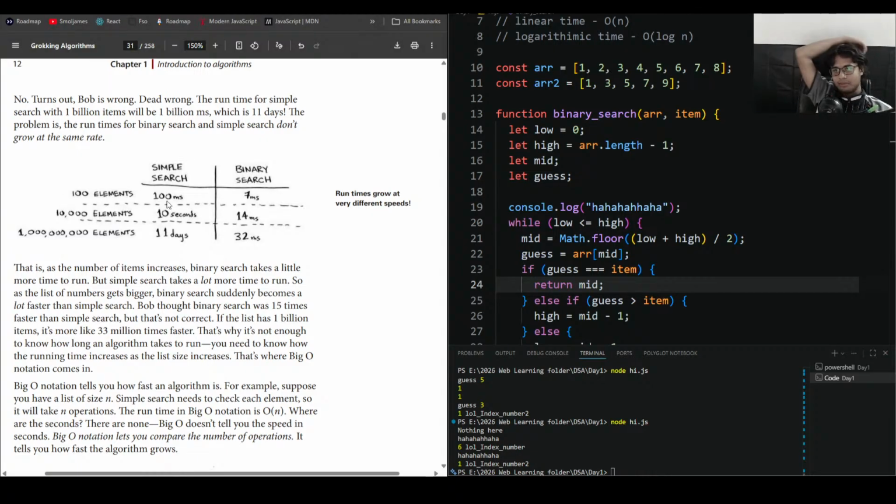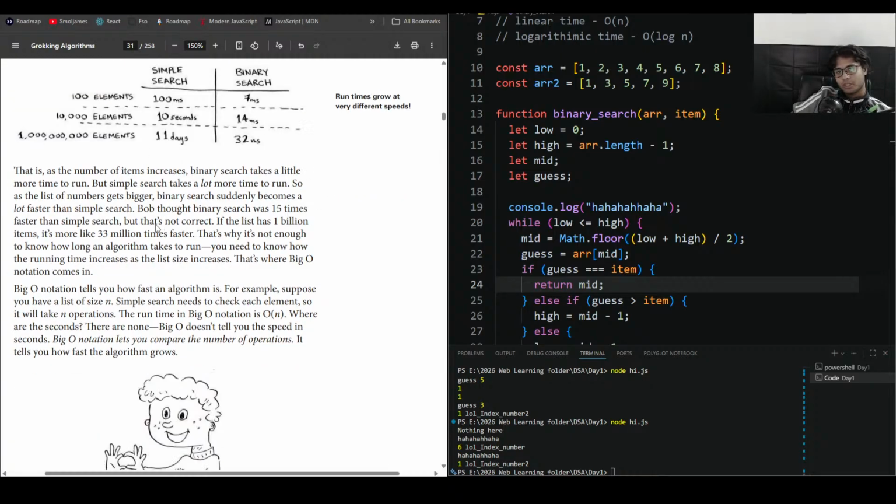So 100 elements, that's 100 milliseconds and 7 milliseconds. 10,000 elements, 10 seconds and 14 milliseconds. 1 billion elements, 11 days and 32 milliseconds. Run times grew at very different speeds.